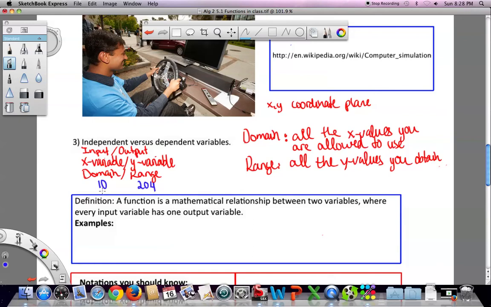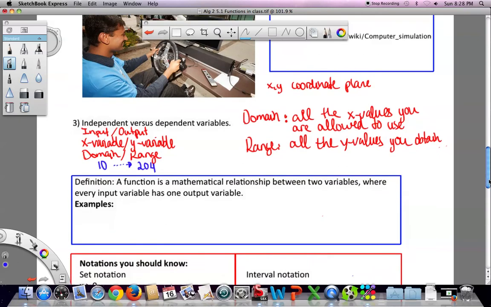The next time I put in 10, I should get 204 again. If you plug in 10, you always get 204 out of the function. When that doesn't occur, we no longer have a function. There are things where when you plug in 10, sometimes you'll get 204 and another time you won't. We do have mathematical ways of describing that, but then we would be talking about a relation.